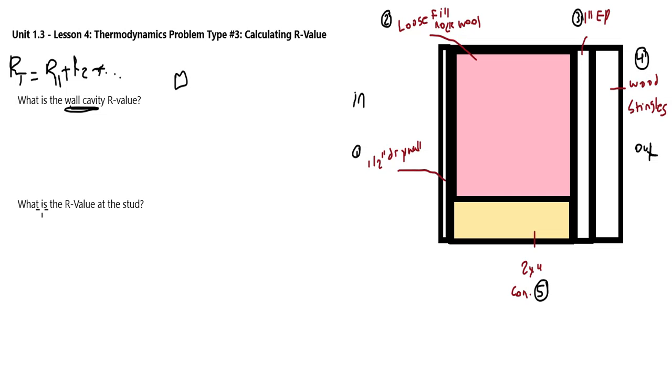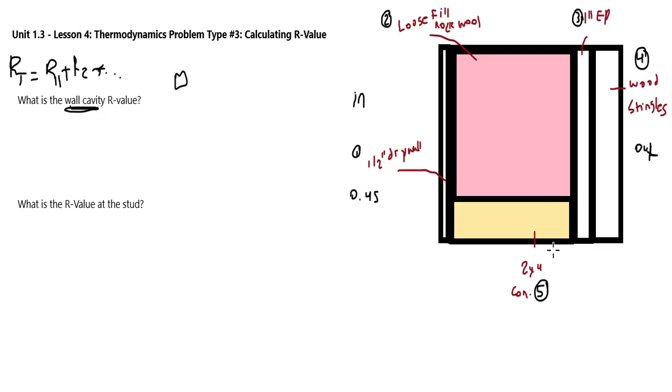Now, you might be wondering how you calculate the R value. Well, it's not something you have to calculate. Like I said, it's on a sheet that says what each thing is. So the R value of the drywall is 0.45, and there are no units for R value. It's just a number.